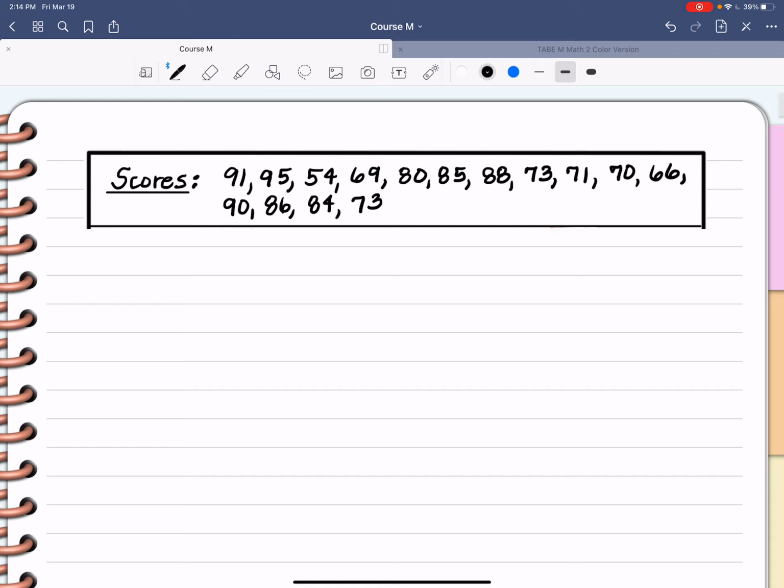Okay, I need to put these scores in order from smallest to largest. So I'm going to come back here and start. There's 54. I see a 66 and a 69 and then a 70. I see a 71, 2 73s.